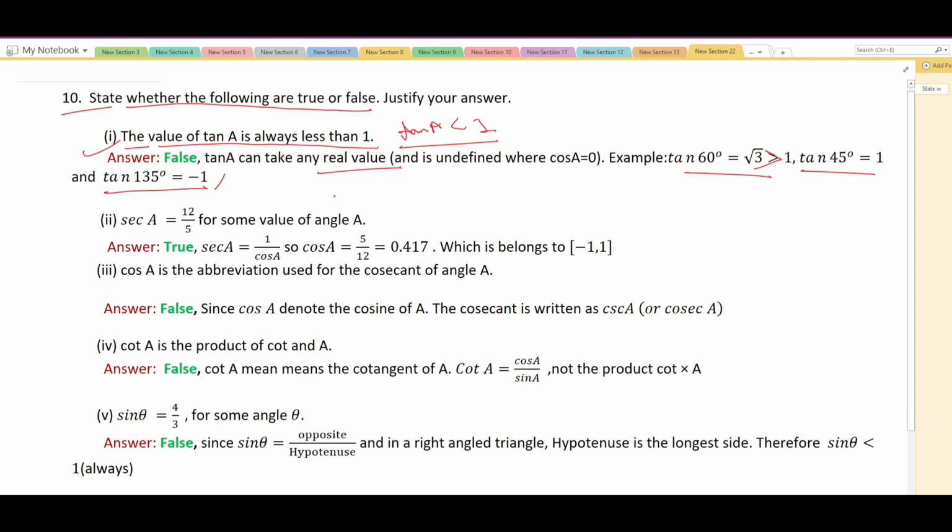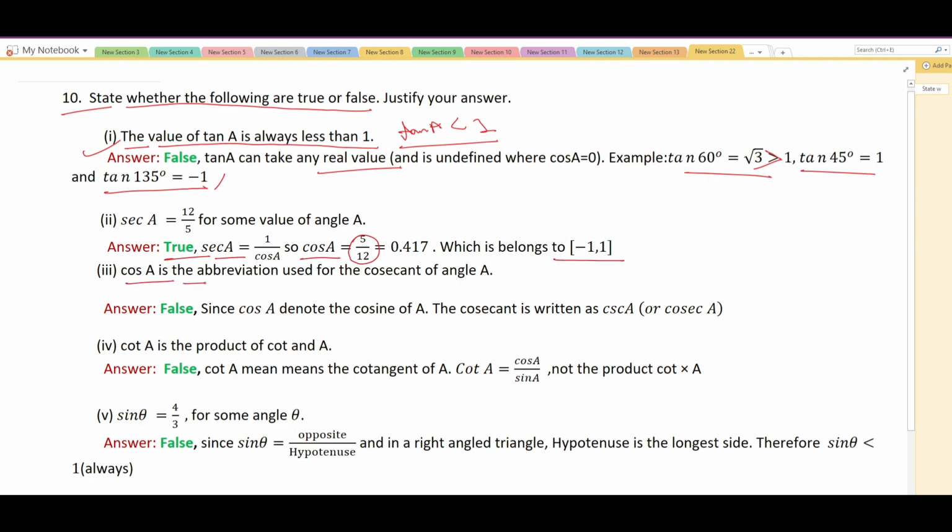Sec A equals 12 by 5 for some value of angle A. This statement is true, as sec A equals 1 by cos A. So cos A equals 5 by 12, which is equal to 0.417, and 0.417 belongs to minus 1 to 1.